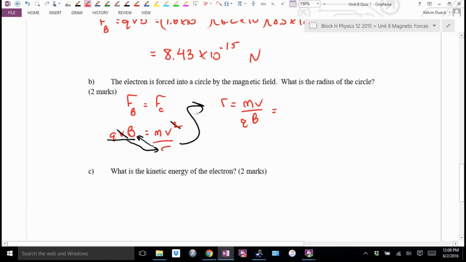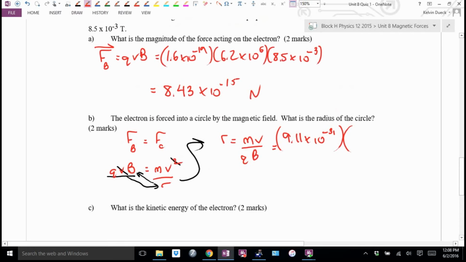Mass. It's an electron, 9.11 times 10 to the negative 31. V, 6.2 times 10 to the 6th. Charge, it's an electron.